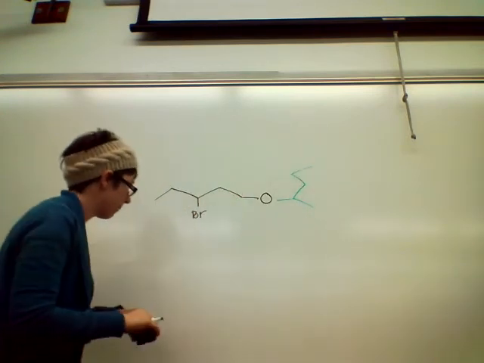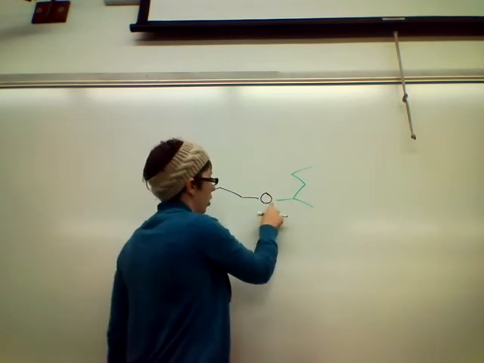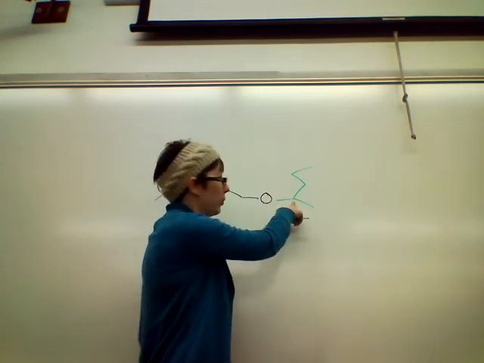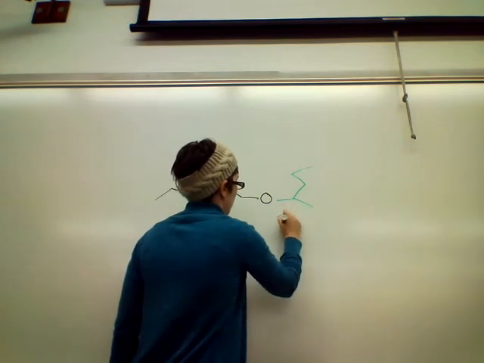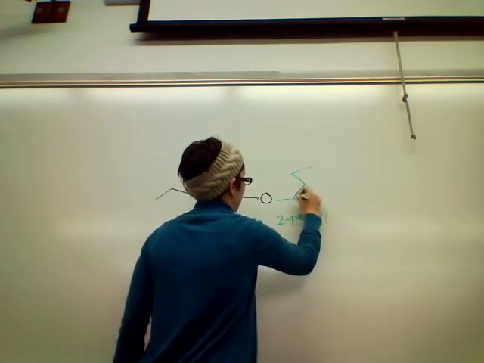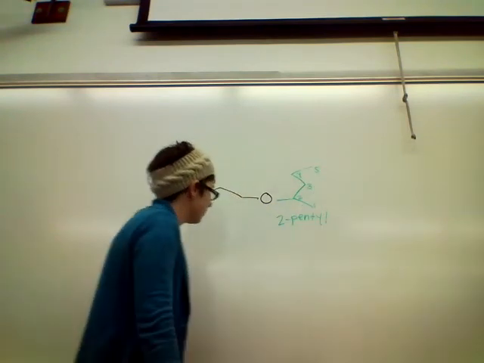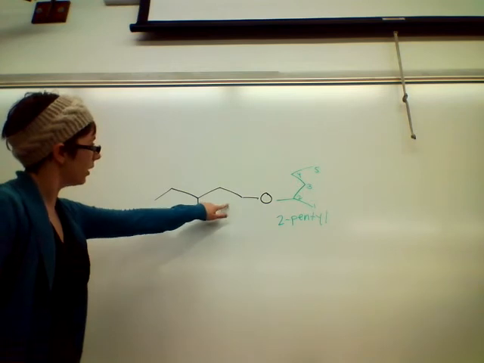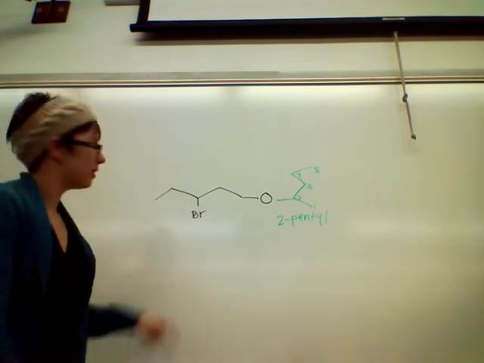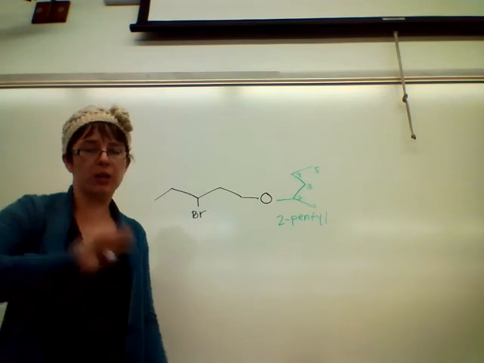If we name this part, the O is attached onto carbon 2. It would be 2-pentyl. Carbon 1, 2, 3, 4, 5. Here, there's a substituent. The O is on carbon 1, so unless otherwise stated, you're just going to assume it's on carbon 1.